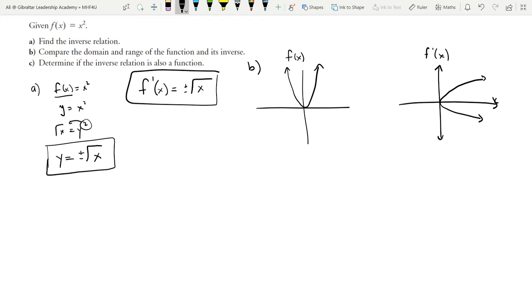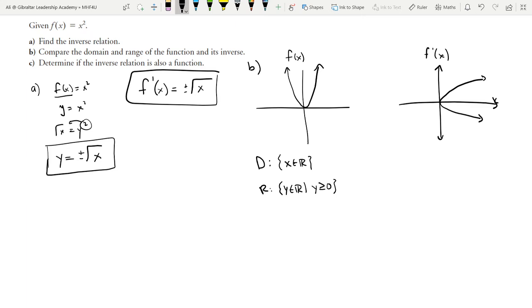So it's just the same parabola, just reflected over y equals x. So let's look at domain. Domain for this function is x is a member of the real numbers. The range for this function would be y is a member of the real numbers such that y has to be greater than or equal to 0.